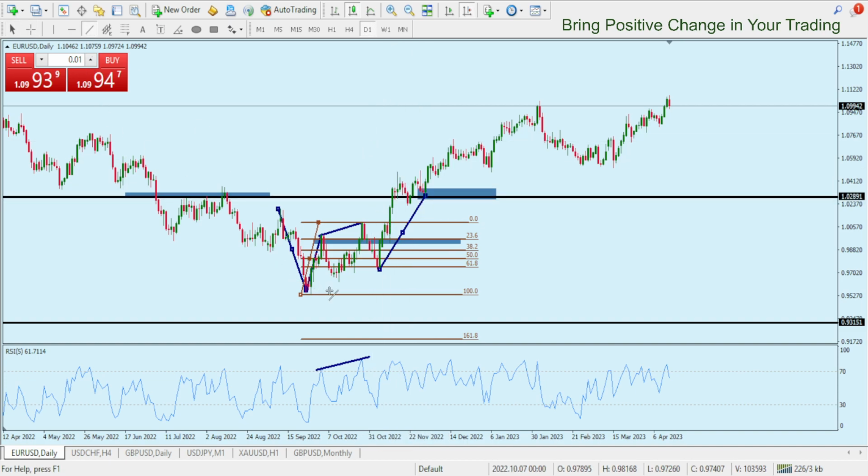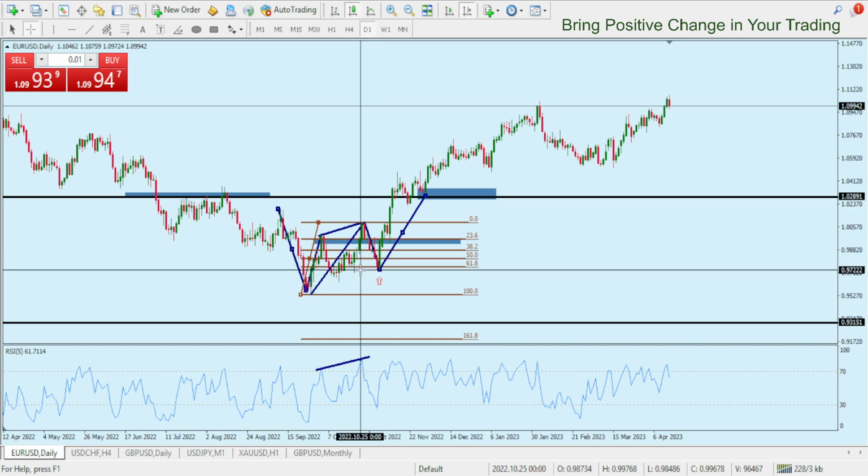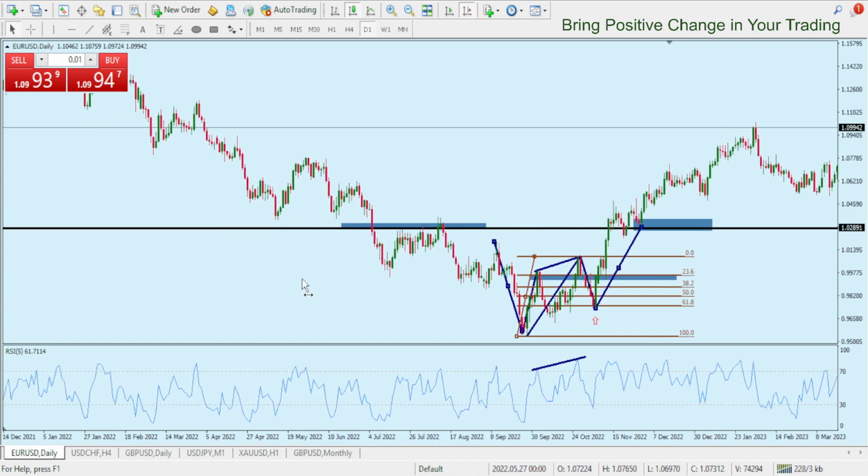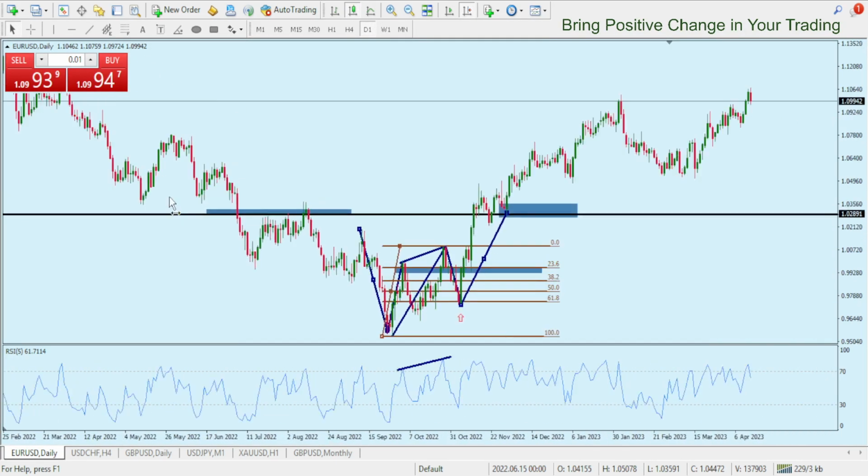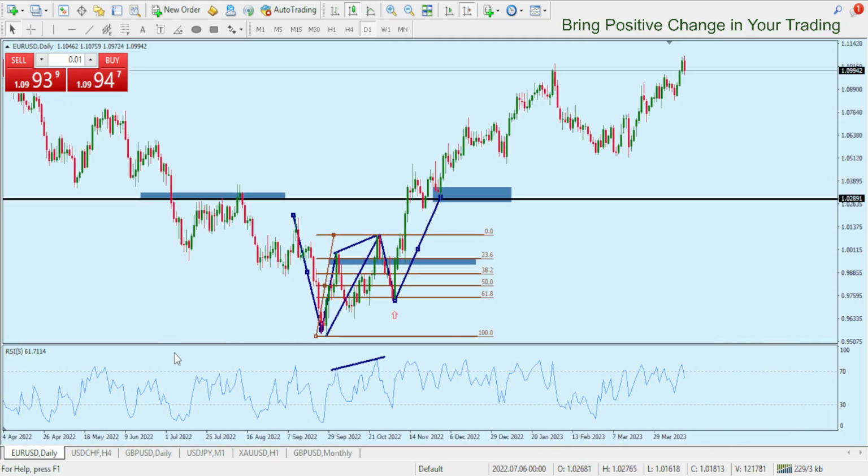Let me complete this pattern for you. It started from here like this. It gave a correction like this. This is the buy trade. So all of those traders who were following this story from right here have made a lot of profits. What's so bad if you lose the last trade, right?